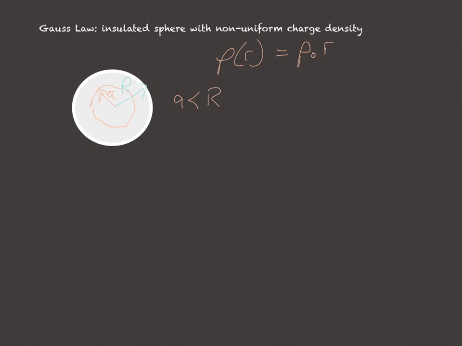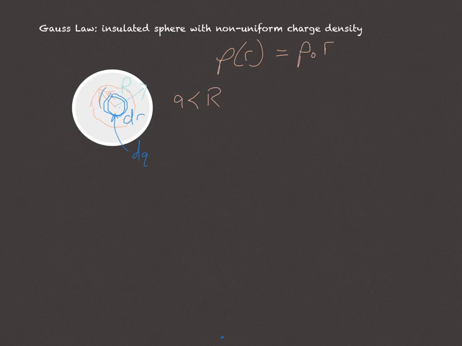Now, it's not a simple ratio of the volume of the Gaussian surface to the volume of the sphere, because if we were to look at a small section within that Gaussian surface, so we take a spherical shell there that has a thickness dr, and in that spherical shell we'd have a small amount of the total charge dq.